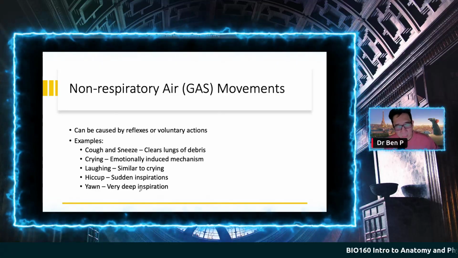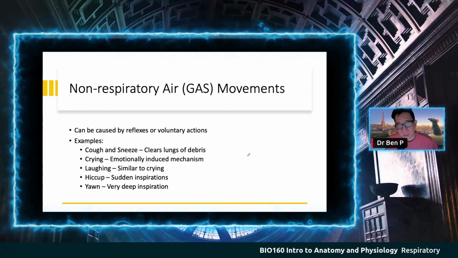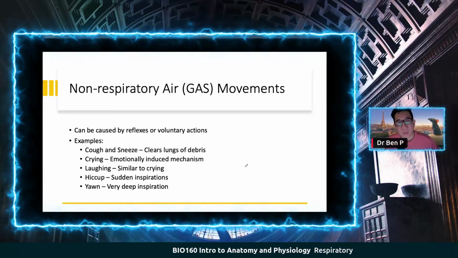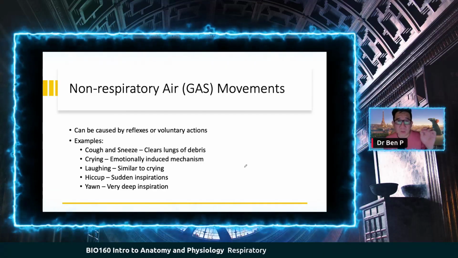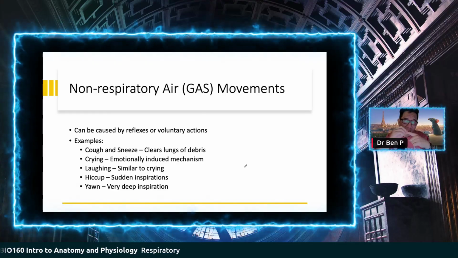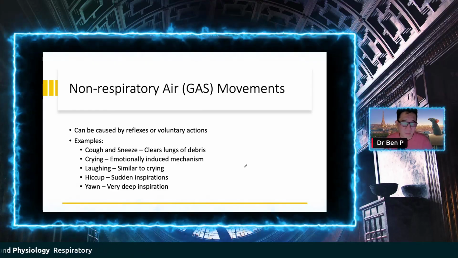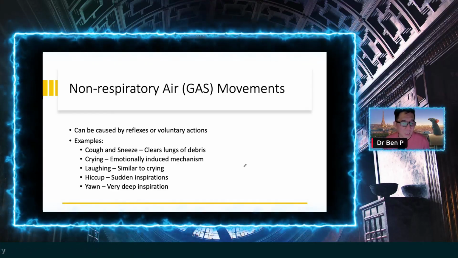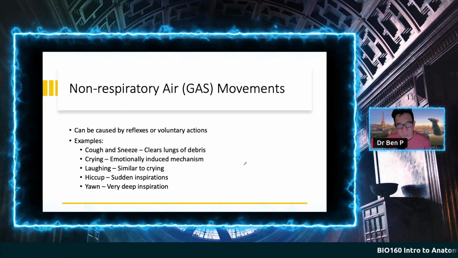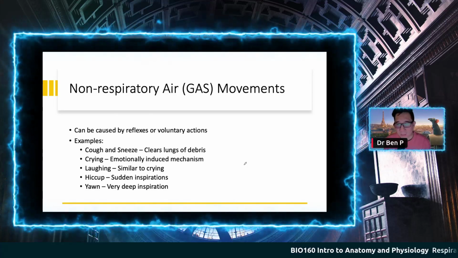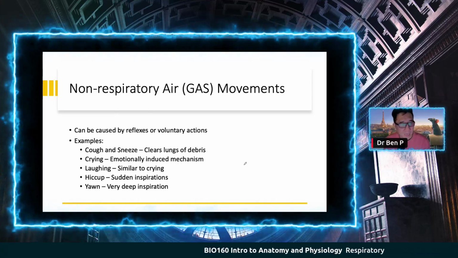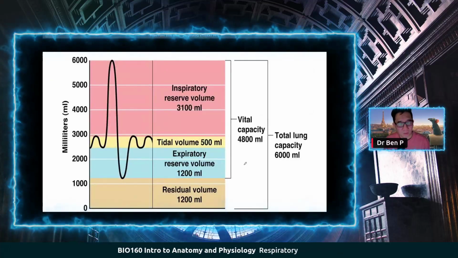People first thought we yawn because we need more oxygen, but it turns out it's not true, because if you look at your O2 sat when you yawn, you still have the same amount of oxygen in your blood. So it's questionable why we yawn. It's probably a certain part of our brain that creates that yawn due to sleep.